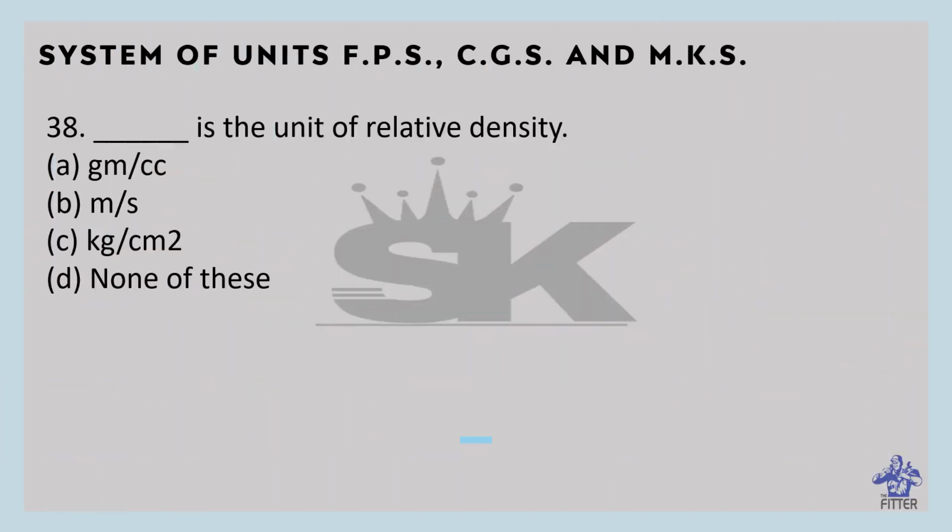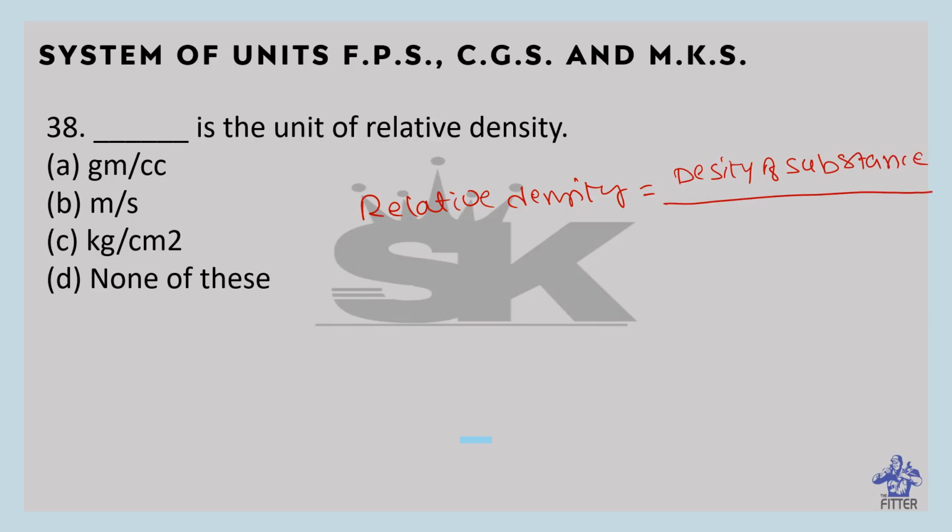Which is the unit of relative density? We all know there is no unit for relative density, right? Because the relative density formula is density of substance by density of standard substance.